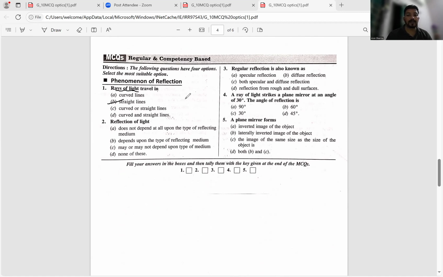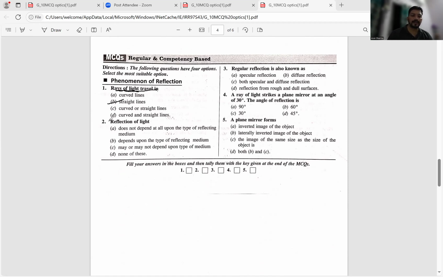At the time of sunrise and sunset, the sun looks red in color, and with advance sunrise and delayed sunset, our daytime is increased by 4 minutes, 2 minutes in the morning and 2 minutes in the evening. Before the atmosphere, the ray of light travels in a straight path, but when it enters our atmosphere, it travels in a curved path. So the answer to this question is a straight line.